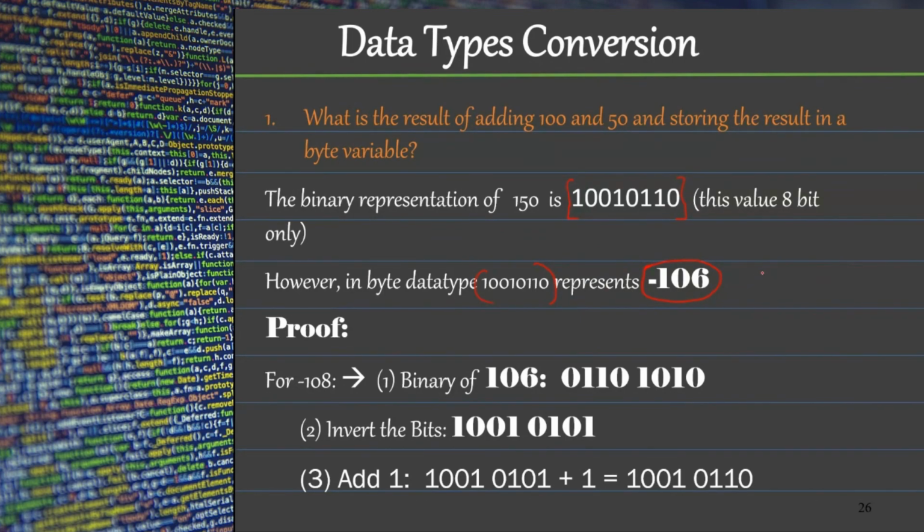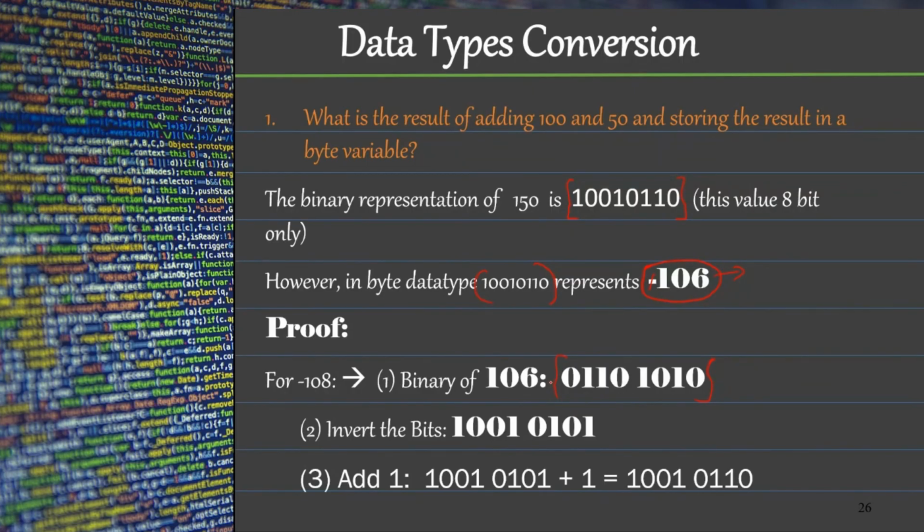Because for negative values, we are storing in 2's complement. And to prove my point, we can take the 2's complement of this also. What is the step of 2's complement? Just remove the negative sign, make it positive. Now convert it into binary. So for 106, this is the binary value.